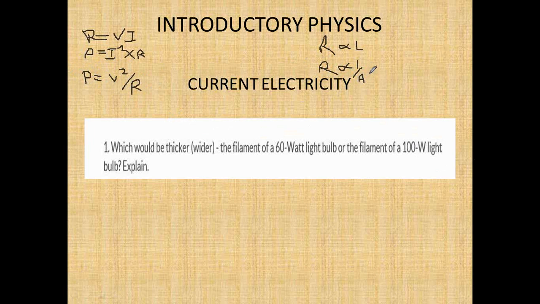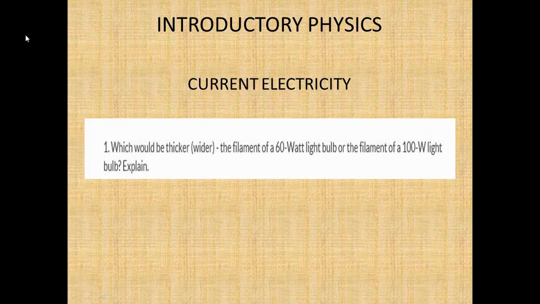Smaller resistance means a bigger area. So the 100 watt bulb is going to have the thicker or the wider wire filament. All right. So just using the equation to help us out.